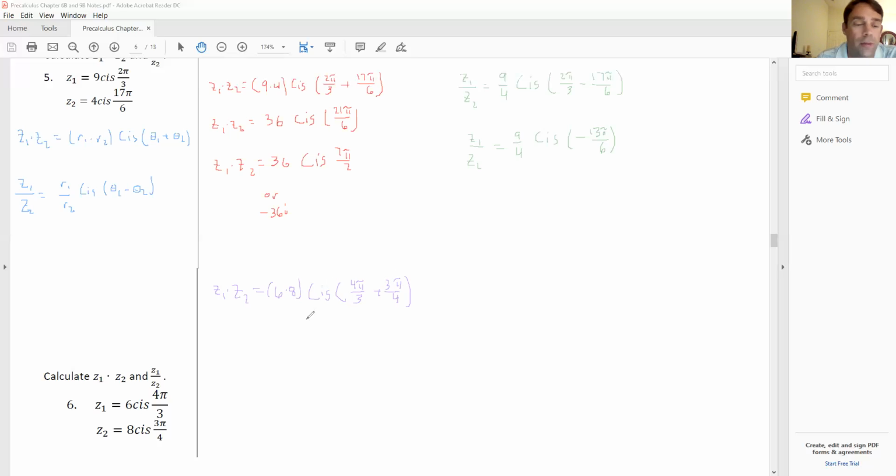And that's going to be the same thing as 16 pi over 12 and 9 pi over 12. So let me go ahead and get ourselves a common denominator here. So 48 cis 16 pi over 12 and 9 pi over 12. So overall, that'd be 25 pi over 12.